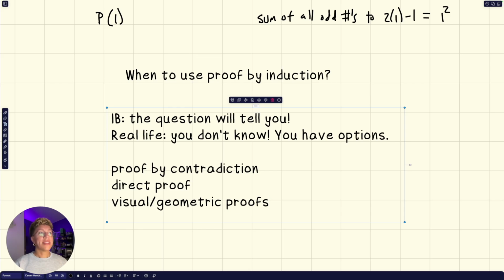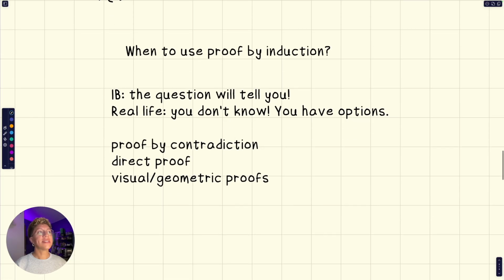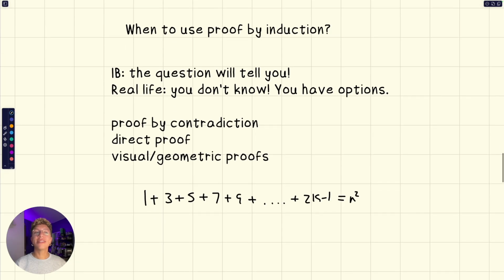If we take a look at this particular question that we just solved as an example, what you might notice is that this series, 1 plus 3 plus 5 plus 7, up to 2k minus 1, is a certain type of sequence.